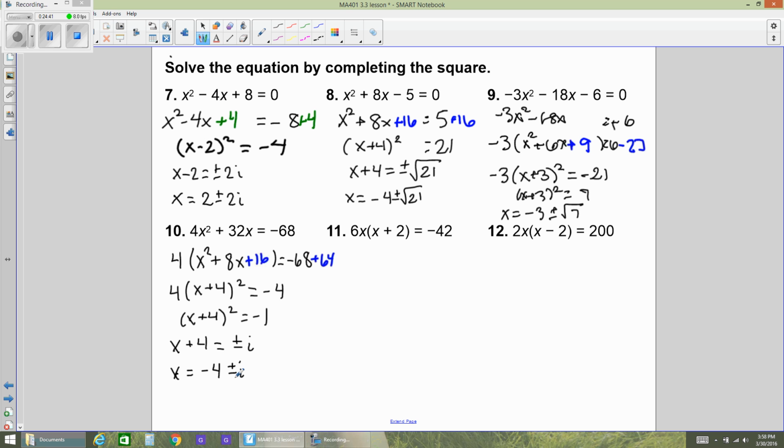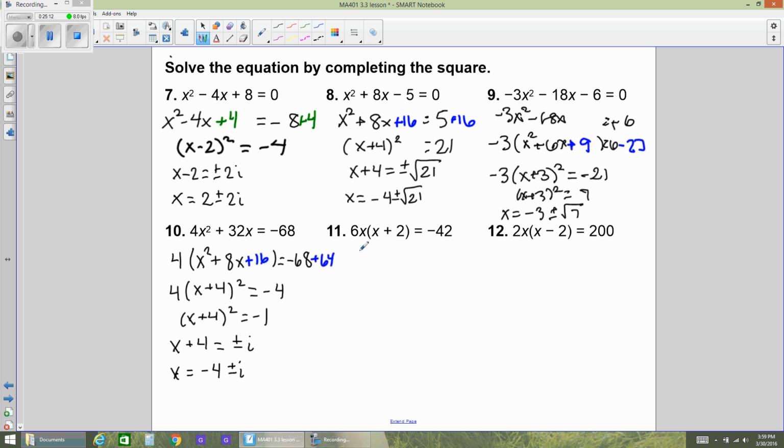Okay, on number 11 here, the constant is already moved and kind of the factoring's done for us, but we need to be x squared, so I could distribute in the 6x and then factor the 6 back out, or I could just distribute in the x and have it be ready for me.